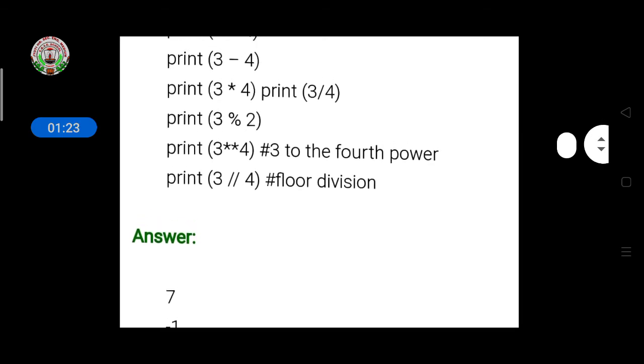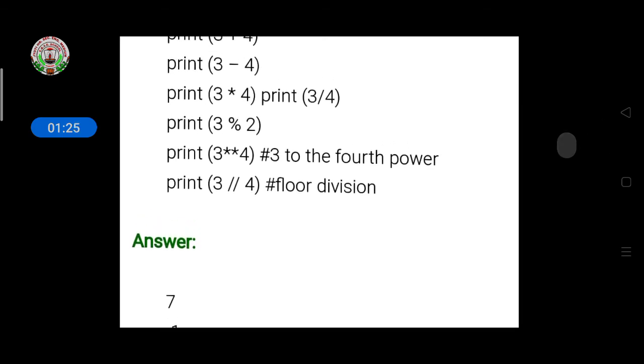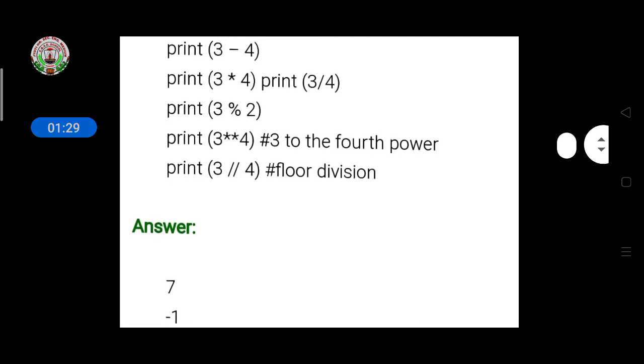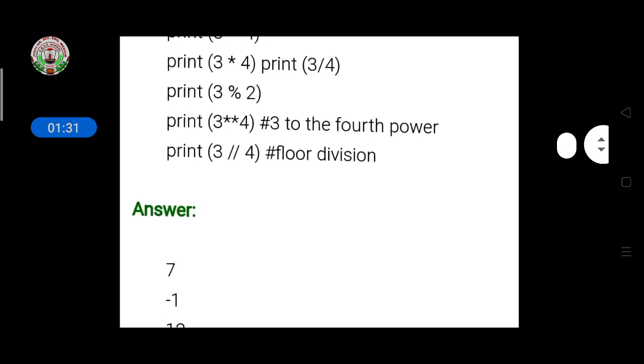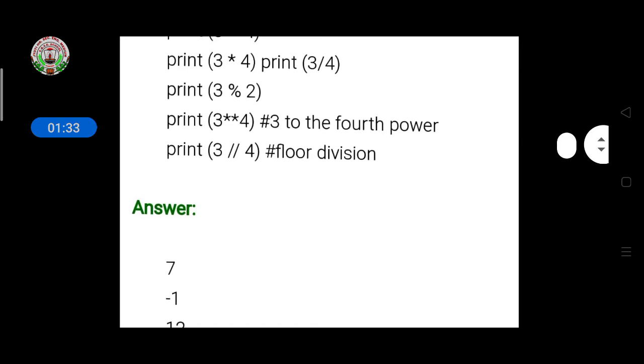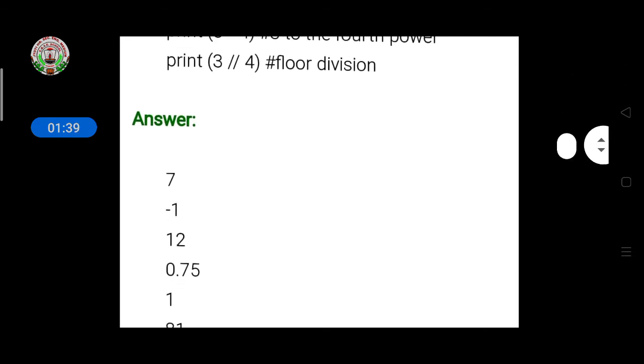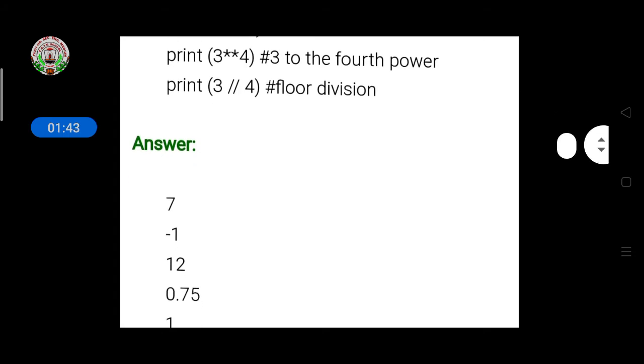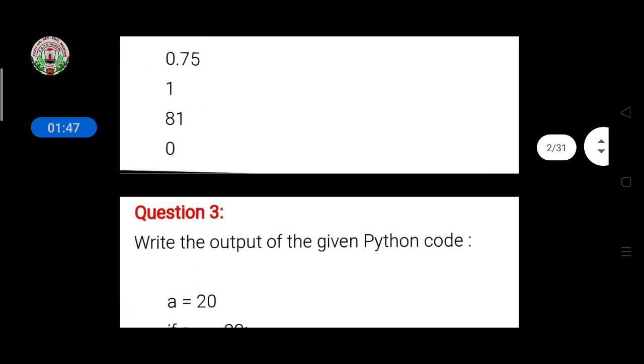The answer 7 is given here. Then print 3 minus 4; in mathematics it comes to minus 1. Then print 3 into 4. Print 3 divided by 4. Like this you are giving the instructions. According to the instructions, the fourth power is given here. Then the floor division. All answers are given here according to the questions.